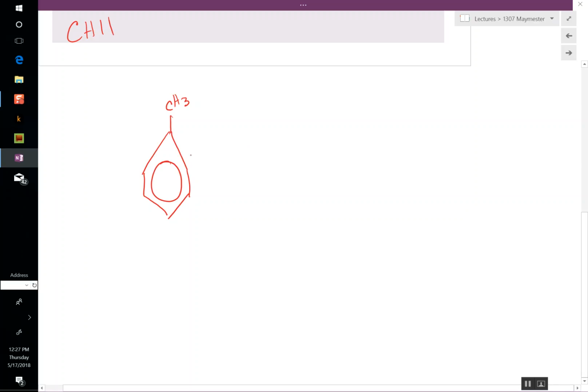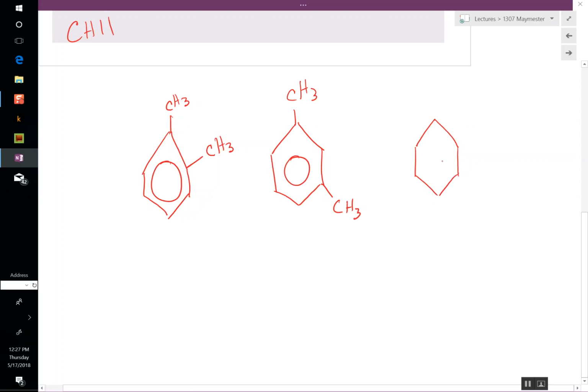But let's say we had another CH3 group right there. Let's say we had another CH3 group here. Let's say we had another molecule that had a CH3 group right here. Now let me draw another one right below this middle one. And here's where you've got to use a little mental gymnastics.